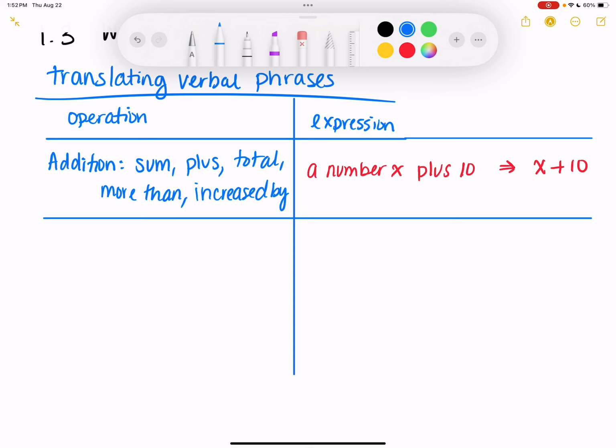Okay. All right, the next one is subtraction phrases.